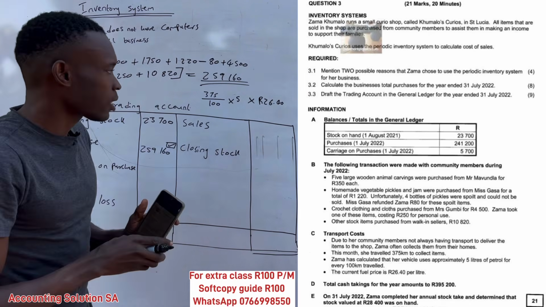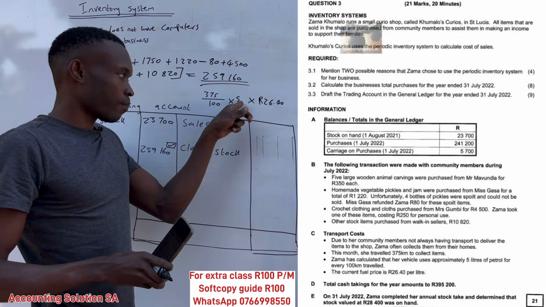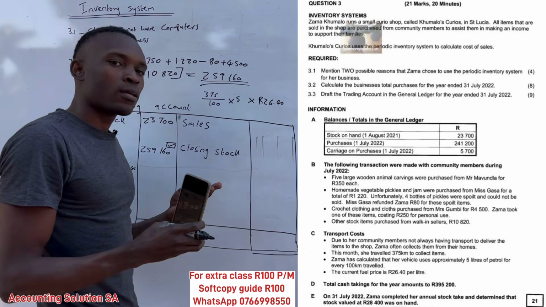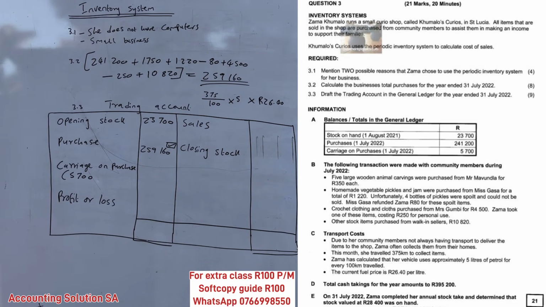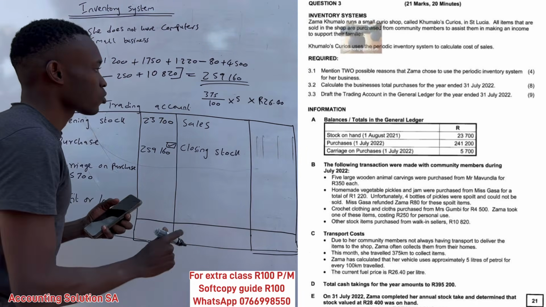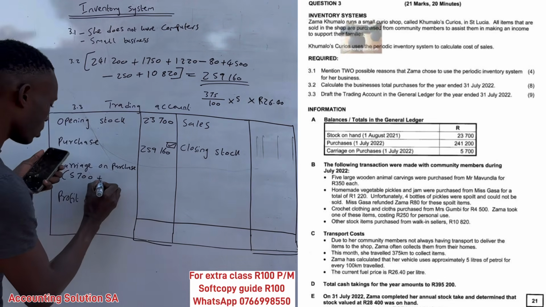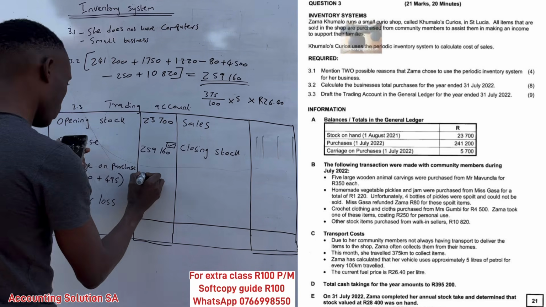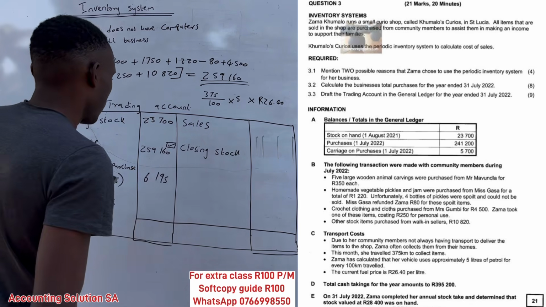The only thing that changes here, guys, is how many kilometers she traveled, and this 5 depends on the vehicle that you are driving. So if you are driving a small car, obviously it's going to cost less, but if you are traveling more, it's going to cost more. Okay, and here if you do this calculation, you get a carriage that you are going to add, which is 495, and when you add it together, it gives you 6,195, just like that.